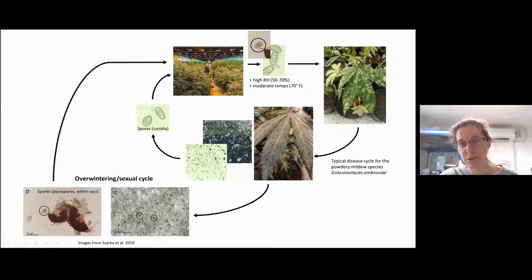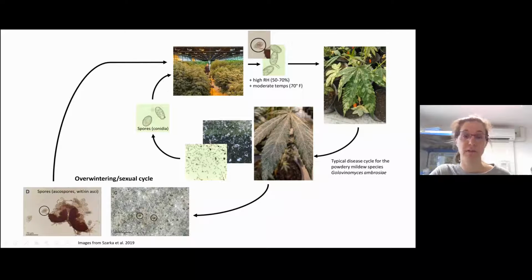They'll germinate. I don't have a picture of a germinating ascospore, but again, just like the conidia will germinate, these ascospores will germinate and start the cycle all over again. It's important, I guess, to note that the sexual cycle hasn't been observed in most of the locations where hemp powdery mildew has been reported.